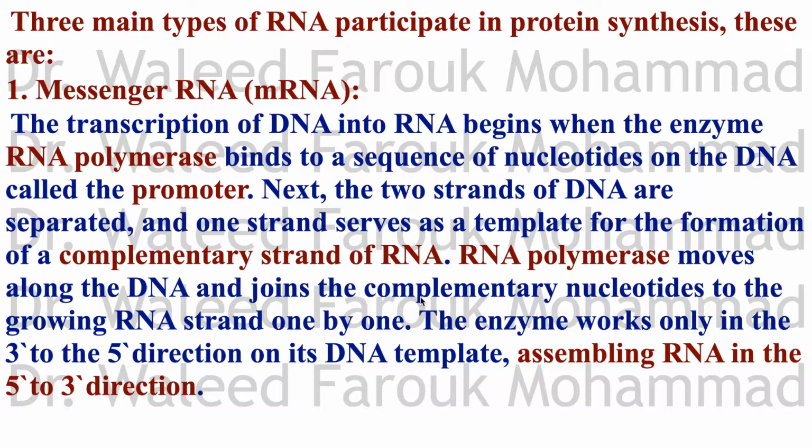The messenger RNA: transcription begins in it when the enzyme RNA polymerase binds to a sequence of nucleotides of the DNA strand. This sequence of nucleotides is called the promoter. So the RNA polymerase binds to a promoter, which is a certain sequence on the DNA strand.